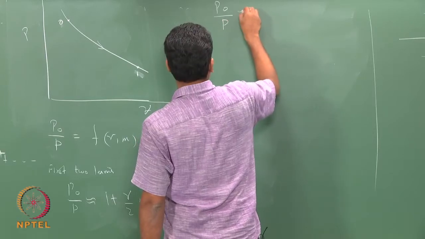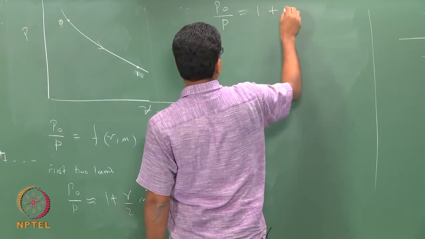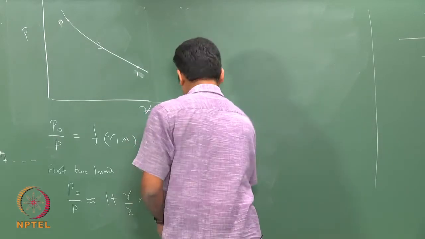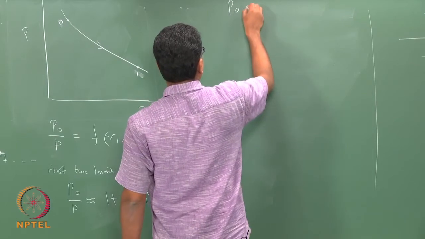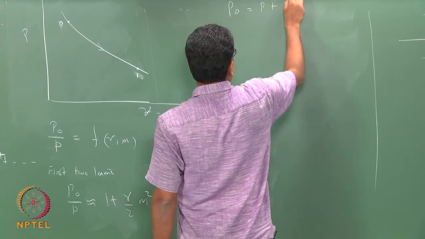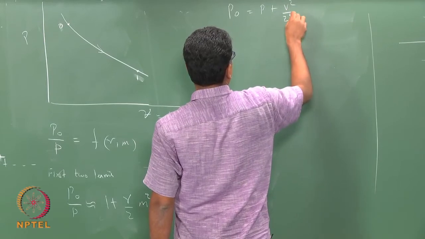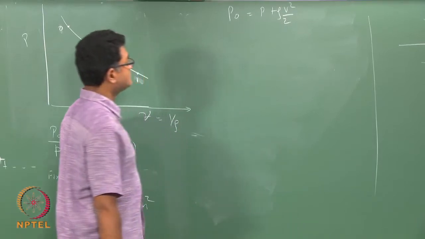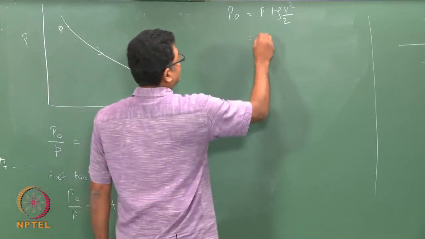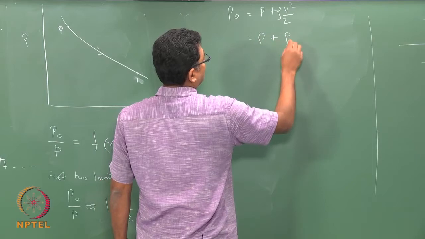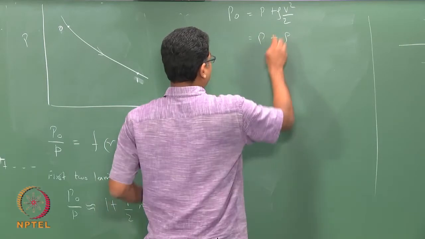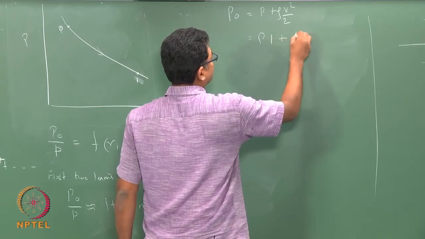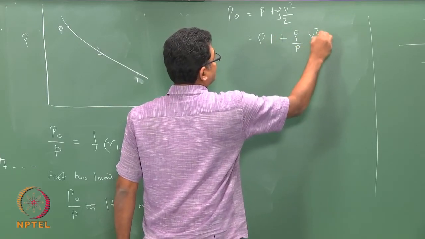I will start from Bernoulli's equation and reduce to this particular form. I write P0 equals P plus V square by 2 rho. Taking P outside, this would be P into 1 plus rho by P into V square by 2.